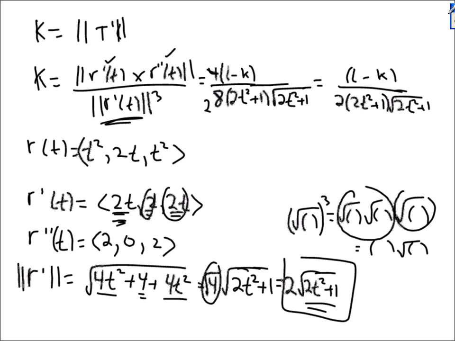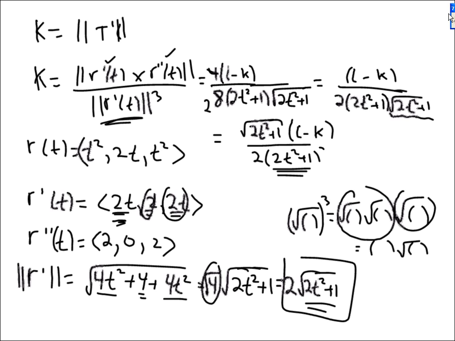If I multiply top and bottom by the square root of 2t squared plus 1, the top would be this. And the bottom will be 2 times 2t squared plus 1. Now this times the square root of 2t squared plus 1 that I multiply top and bottom by will give me 2t squared plus 1.